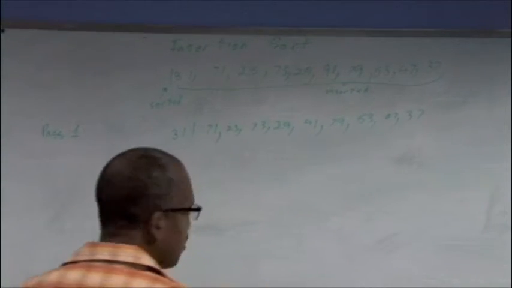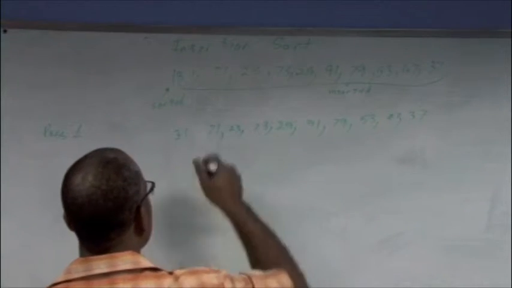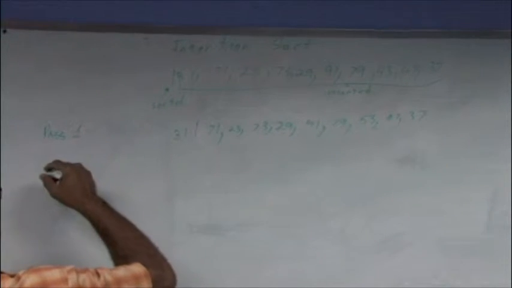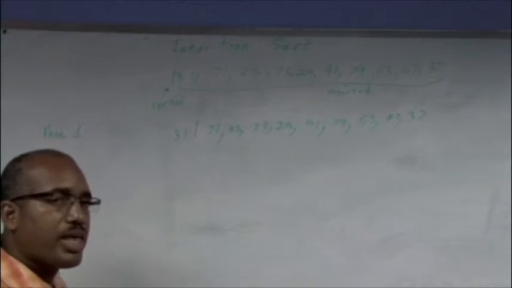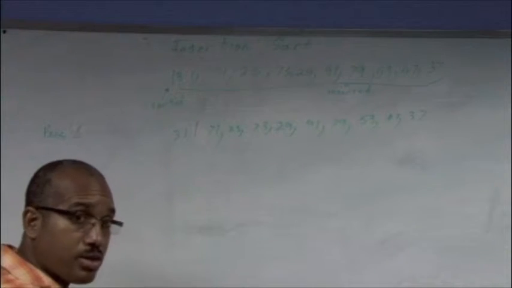I'll use a different color marker as my partition. So this black line partitions my sorted and unsorted list. On the next step, the next one is going to move to the sorted list. Now the key is each item you insert into the sorted list will go in the correct place.